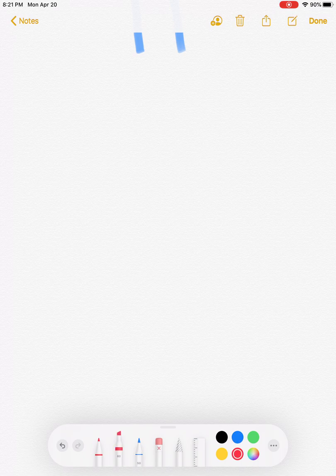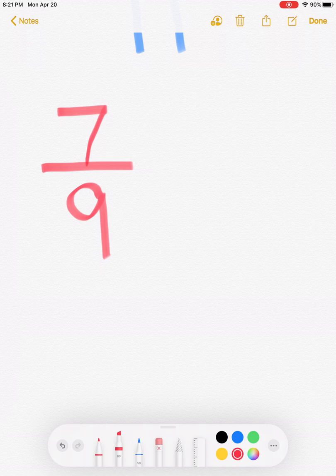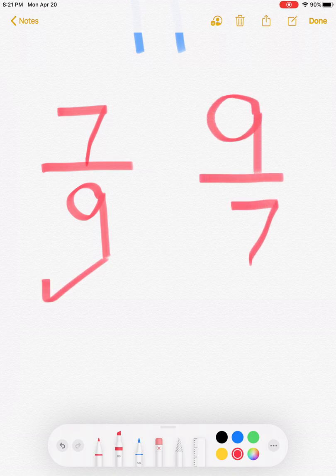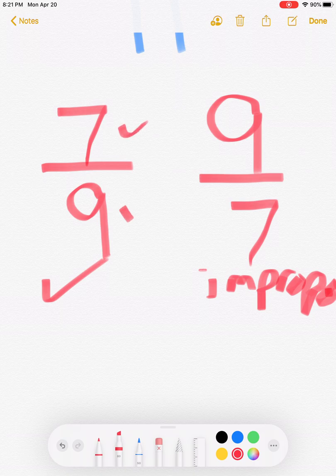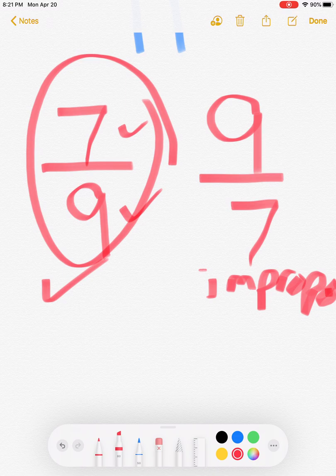Now, I want to remind you of the difference between a proper fraction and an improper fraction, right? Remember this? A proper fraction, the numerator is less than the denominator, and it's fine to stay that way. For an improper fraction, the numerator is bigger than the denominator.